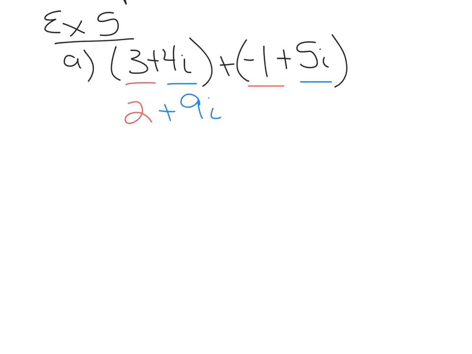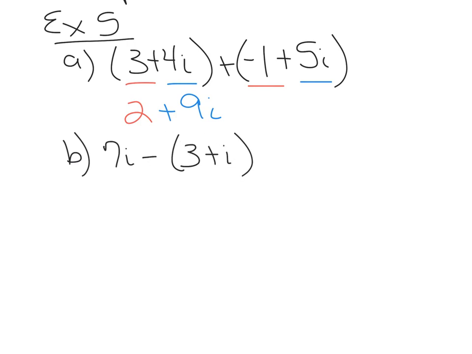For letter B, we have 7i minus the complex number 3 plus i. So this is a case where you have a subtraction sign here, and just like with regular polynomials, when you have a subtraction sign in front of your parentheses, it has to get distributed to every term there.